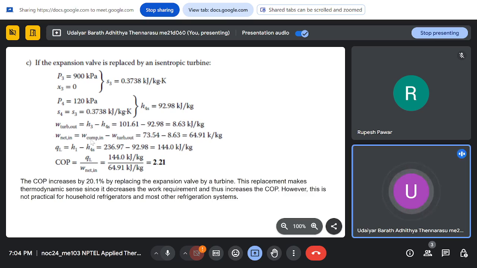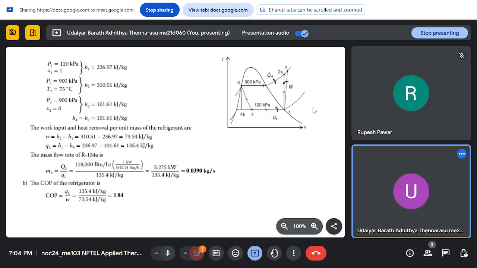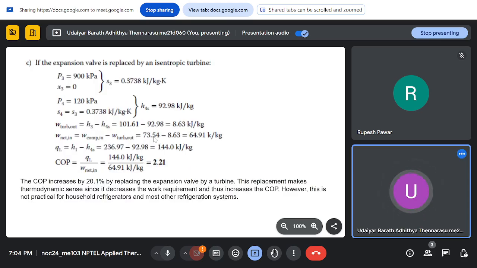So the net work is 73.54, because there is no change here, only state 4 is changed to 4s, so the compressor work remains the same at 73.54, minus the work generated in the turbine, which gives you 64.91 kilojoule per kg. So your net work is reduced because of changing from valve to turbine.